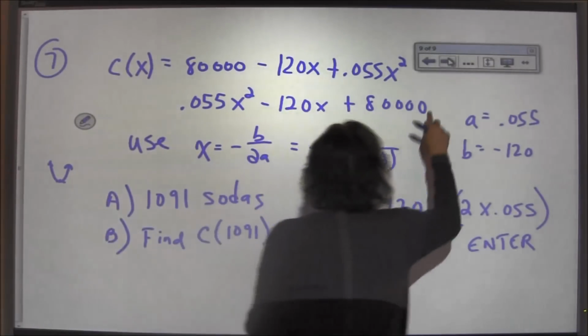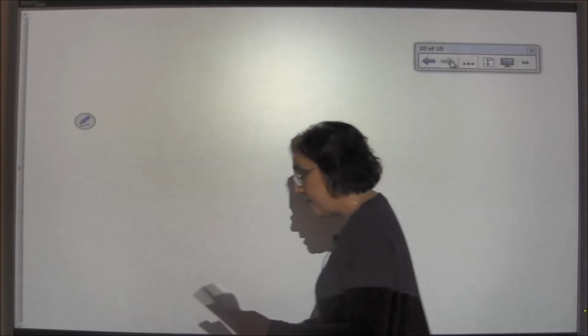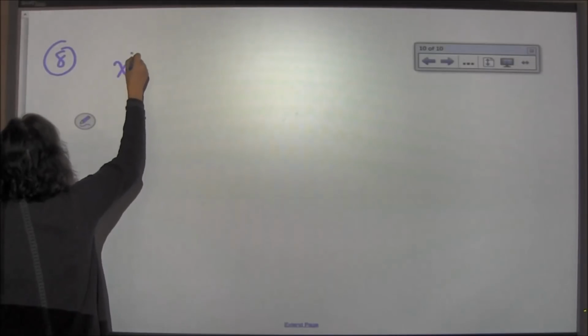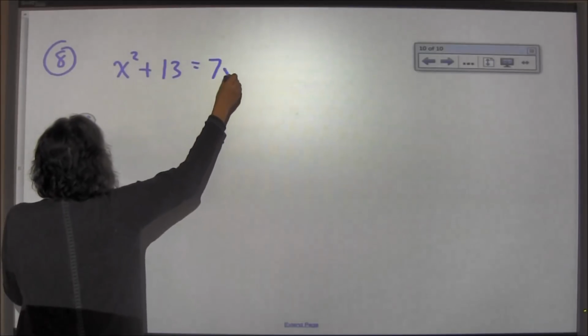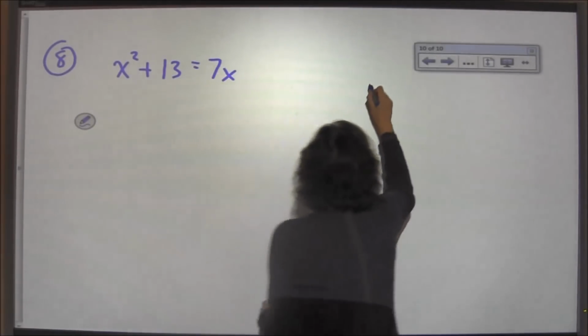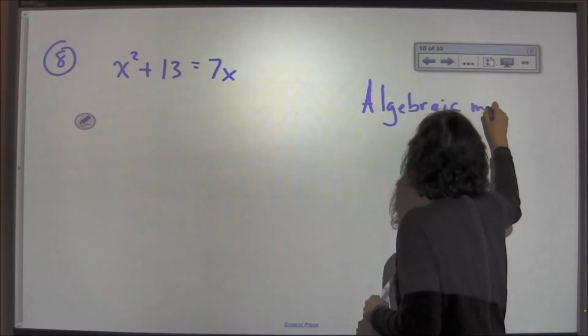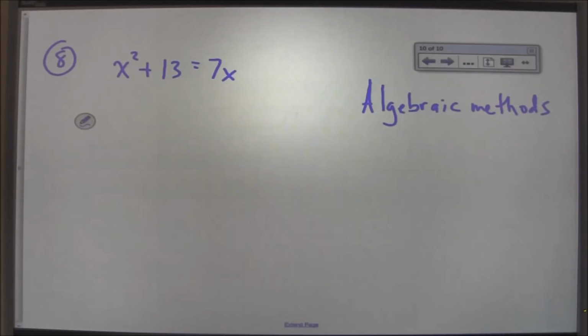Okay, number 8. It says solve the quadratic equation algebraically. Remember that this is going to be a free response question, and I'll be grading your work, and it's going to say solve algebraically.